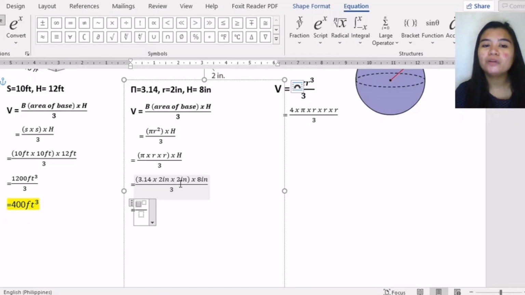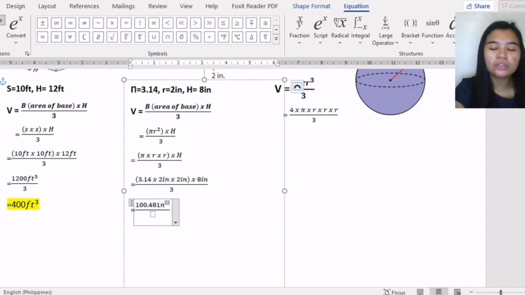So yung 12.56 inches na yan, i-times pa natin sa 8, ang sagot ay 100.48. Ayan. And then inches times inches times inches, that is inches raised to the third power or cubic inches. Ayan. And then copy divided by 3.